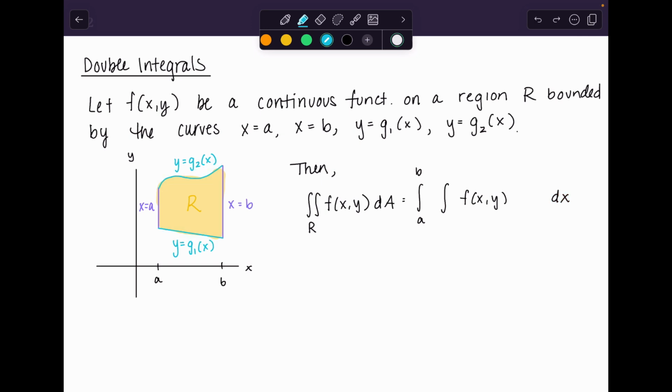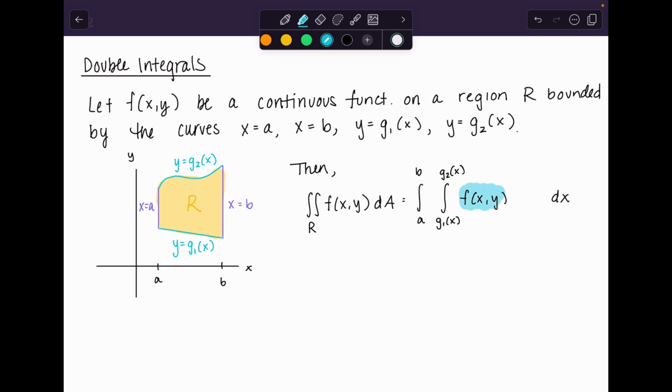So my y value is starting at this bottom function and going up to the top. So the lower bound here would be g1 of x, and the upper bound here would be whatever that function g2 is.